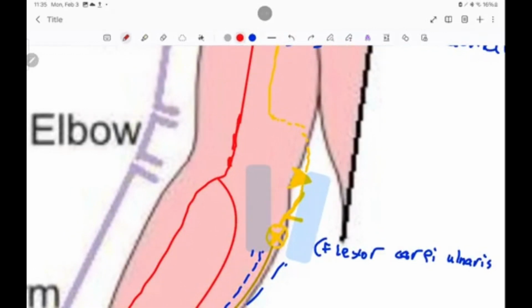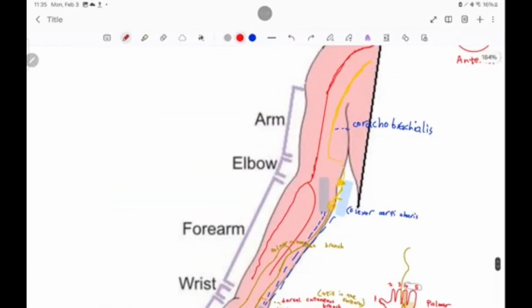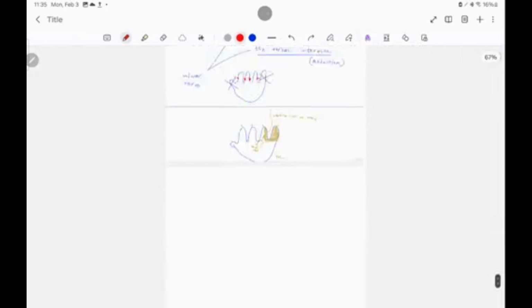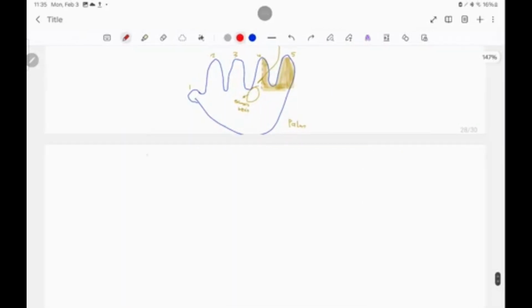So if a fracture happened here, the nerve will be injured. What could happen? Medial epicondyle fracture, ulnar nerve injury. What will happen to the patient?